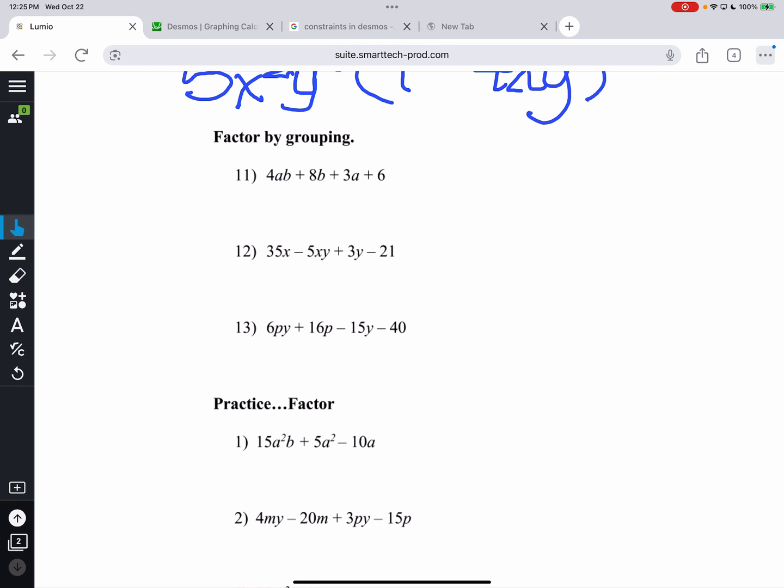If we had just binomials or trinomials, we could look at all the terms. But for this, we have 4, and they would all 4 have to share. While 4, 8, and 6 share a factor of 2, and 3 and 6 share a factor of 3, they don't all 4 share something.